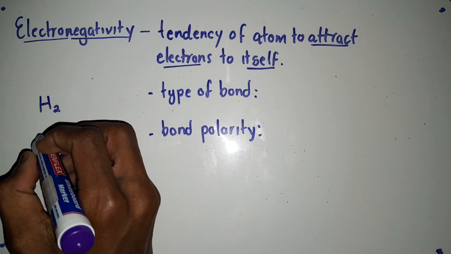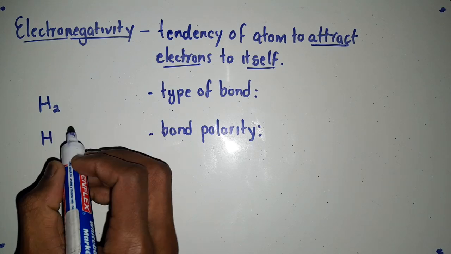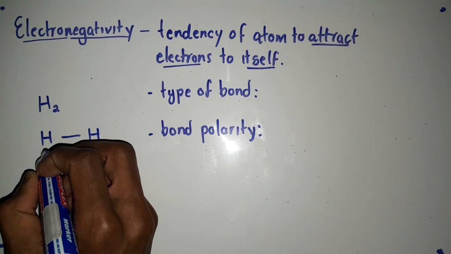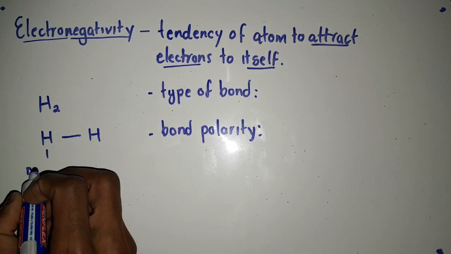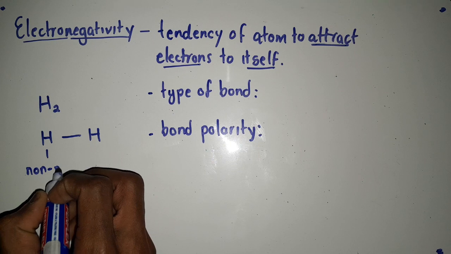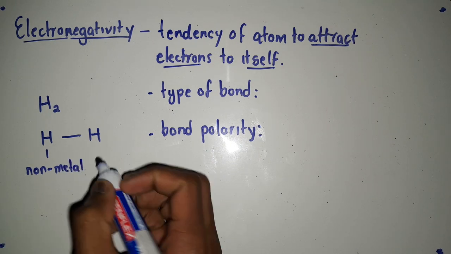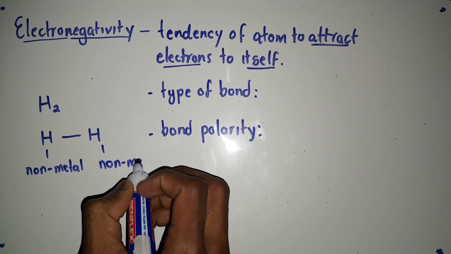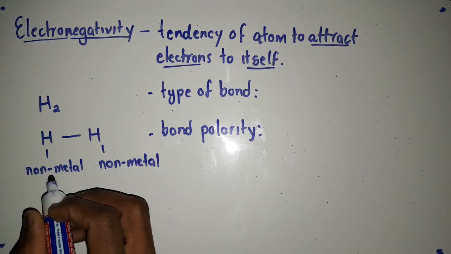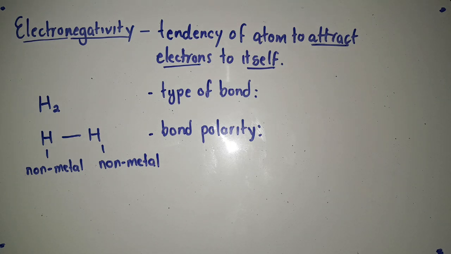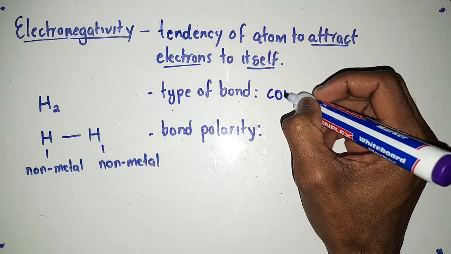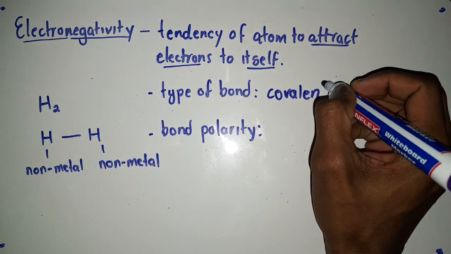We know that the structural formula for this is going to look like this. We have a non-metal here, and we also have a non-metal. By now we know that if we have two non-metals, the bond formed is going to be covalent bonding.